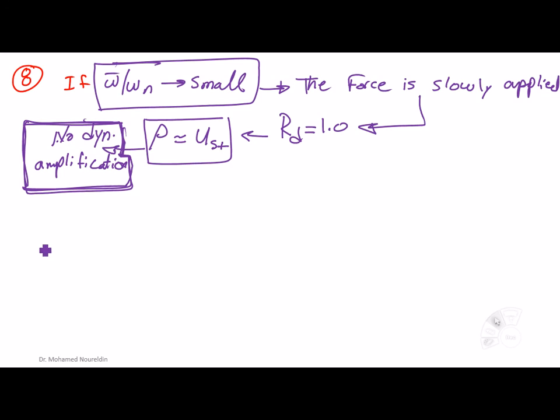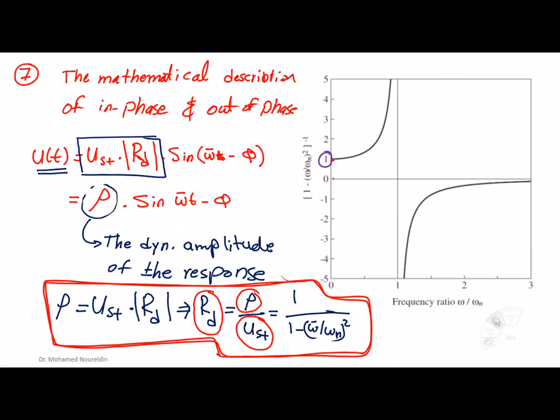Okay, now what about the other case? What if omega bar over omega n is larger than a certain value, 1.4? Let's go to the curve and see. Yes, it is almost 1.4. This is 1.5 here, so we're talking about something here, corresponding to 1.